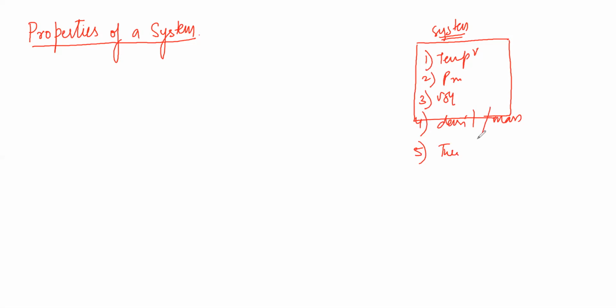So these are the properties which are measurable. If I ask you what is the property of a system, first understand that a property is a measurable characteristic. If I ask what the temperature is, you tell me the temperature of the system is 100 degrees, pressure is this, volume is this. So these are the properties.